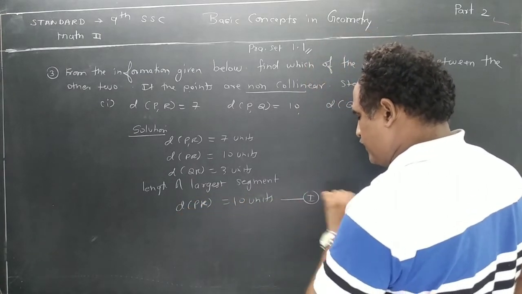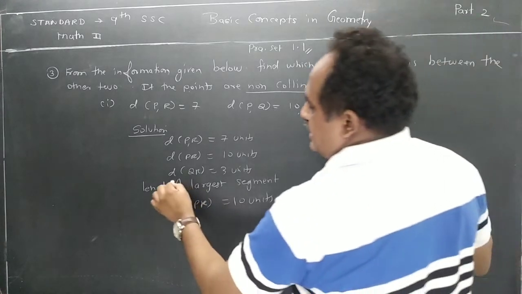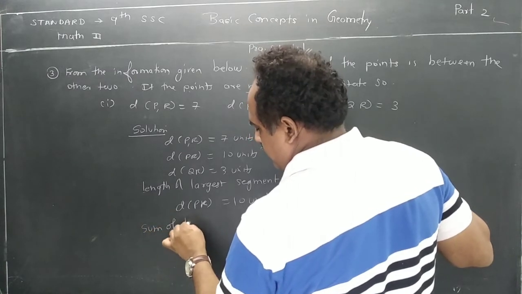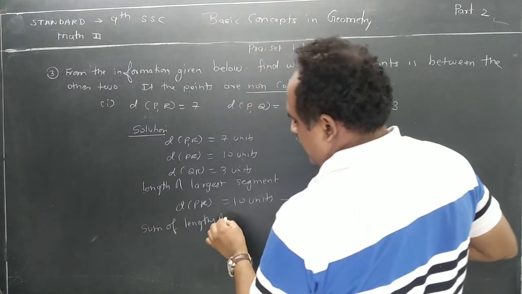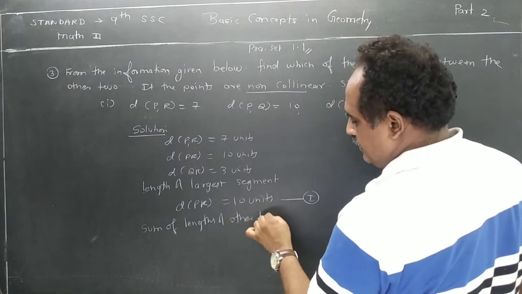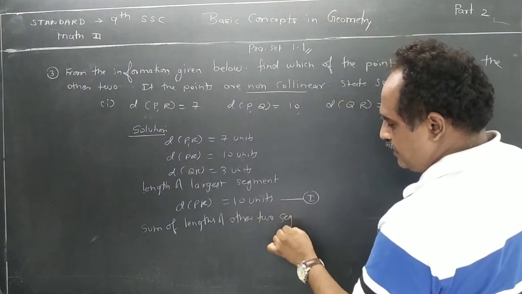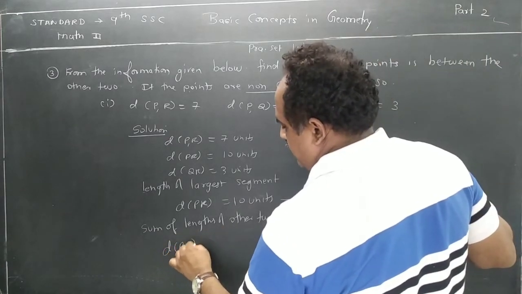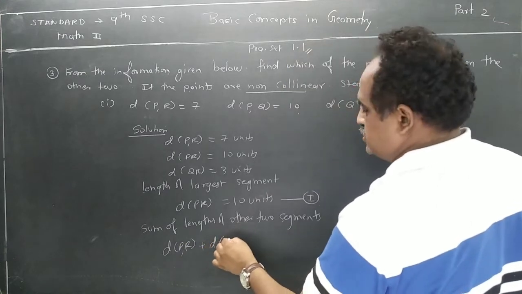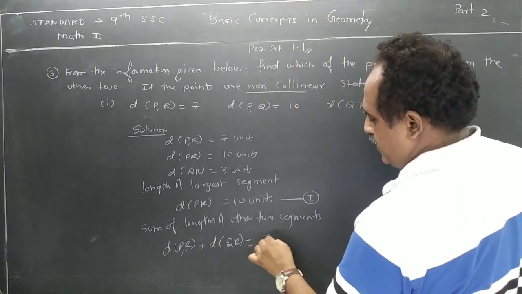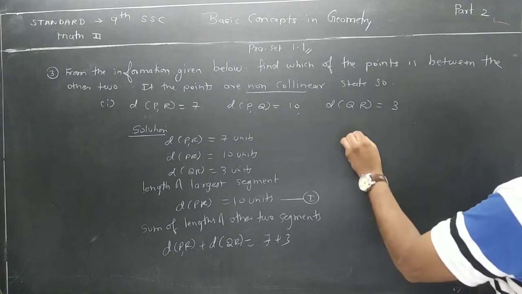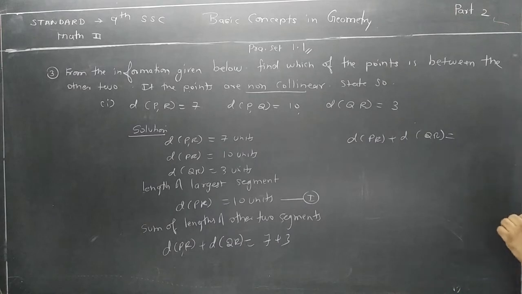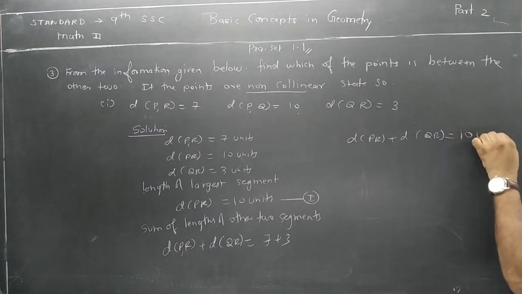Take it as equation 1. And the sum of the lengths of the other 2 segments, that is distance PQ plus distance QR, is equal to 7 plus 3. So distance PQ plus distance QR is equal to 10 units.